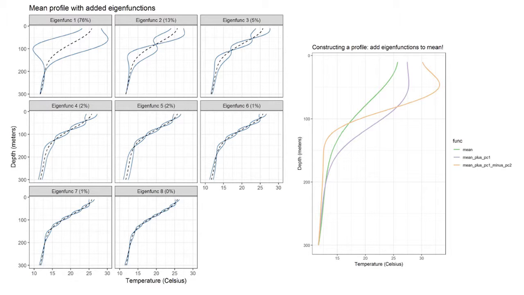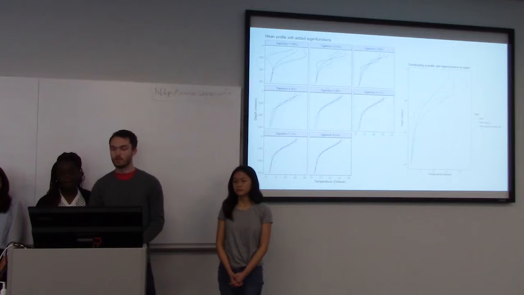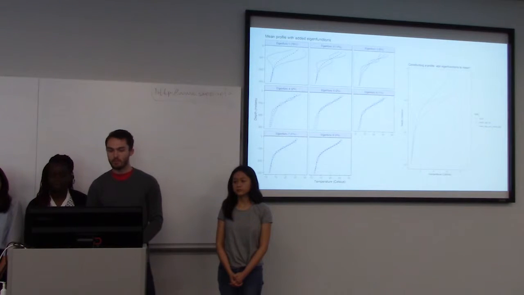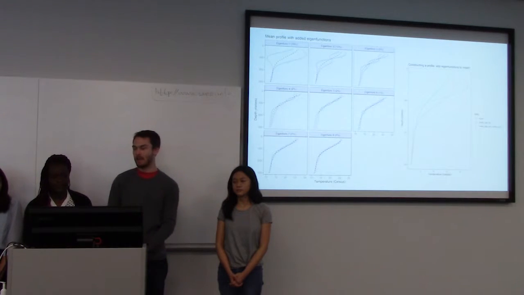If you take these blue lines, the dashed line in each of these plots is the mean, and the blue line is the mean plus or minus the eigenfunction. So you can construct a profile by taking the mean and adding linear combinations of these eigenfunctions.